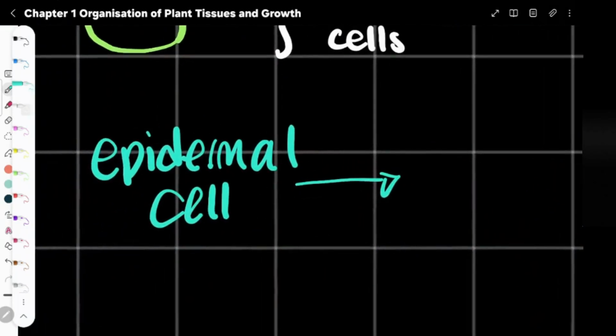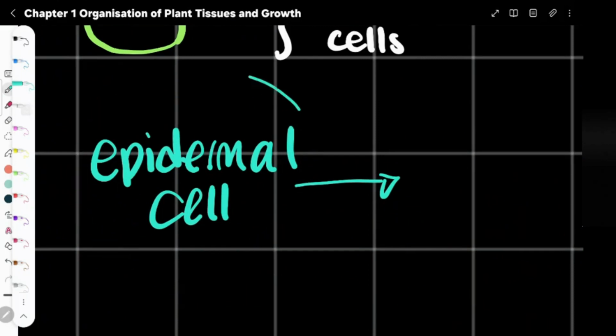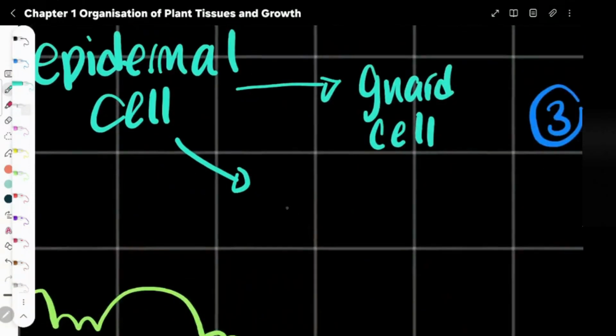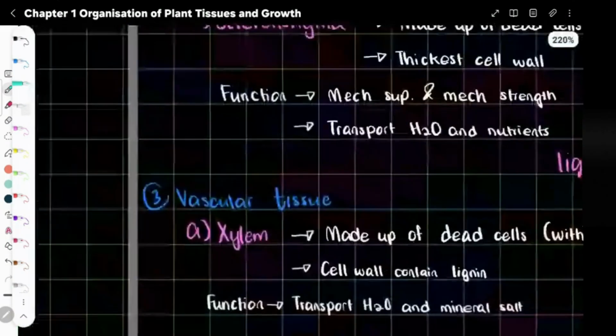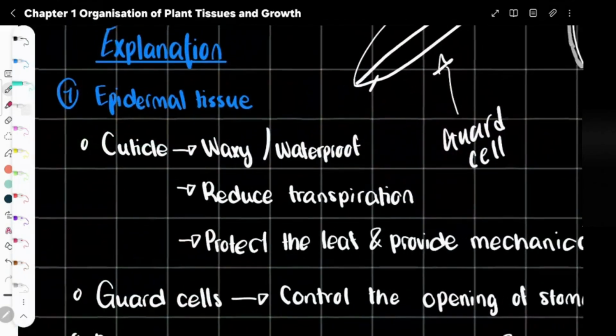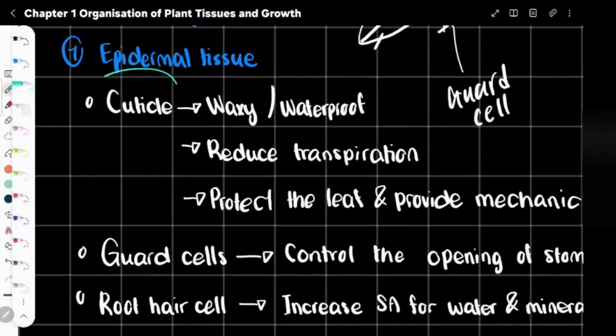Anyway, epidermal cell can actually undergo differentiation to become what? Guard cell. To become what? To become cuticle. See, it's very simple actually. Just now we learned this epidermal tissue and also epidermal cell. It can become cuticle cell and guard cell.